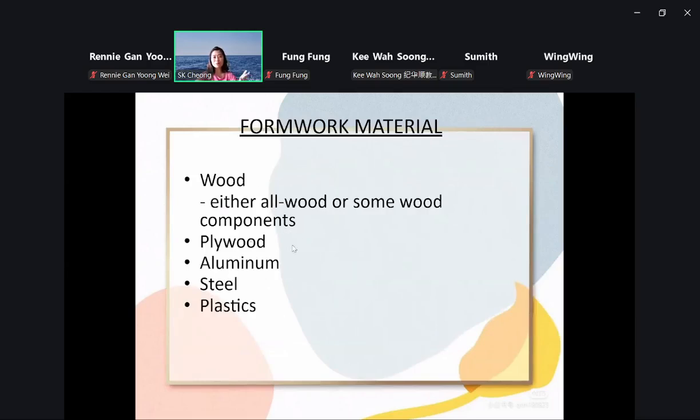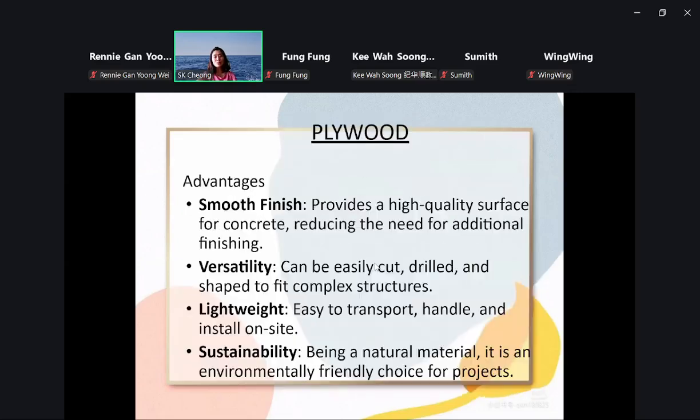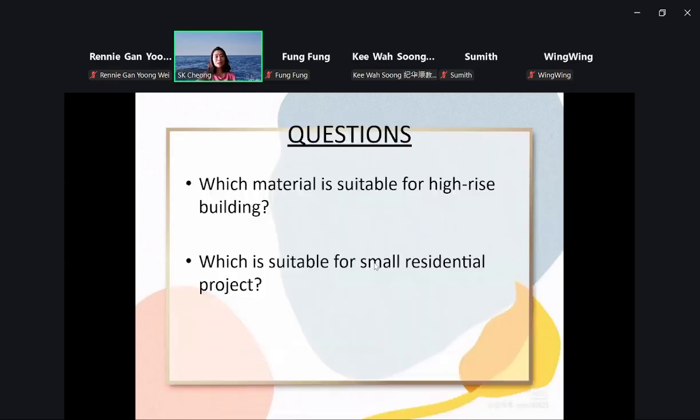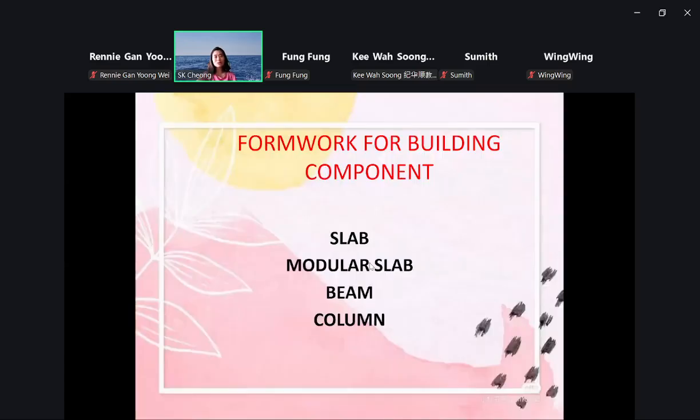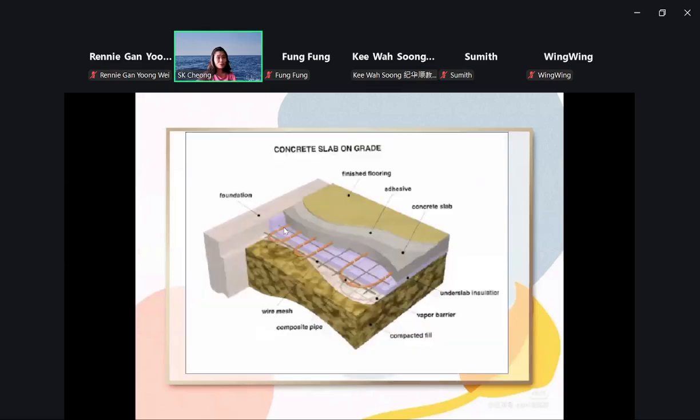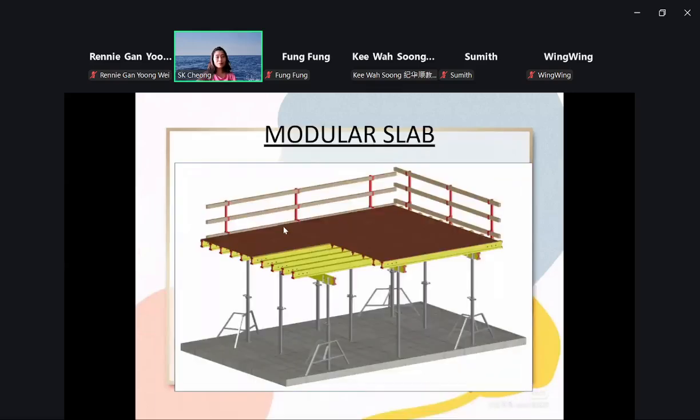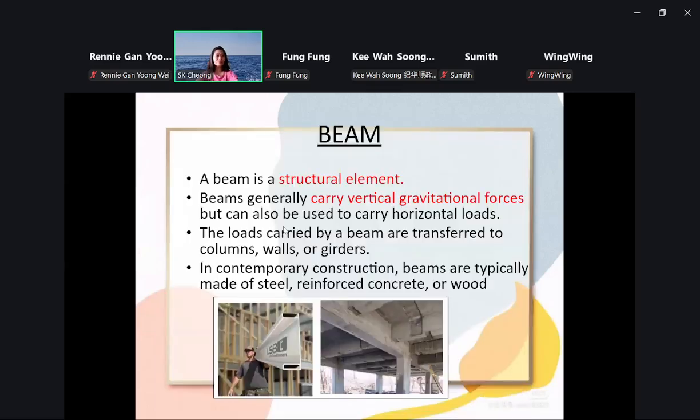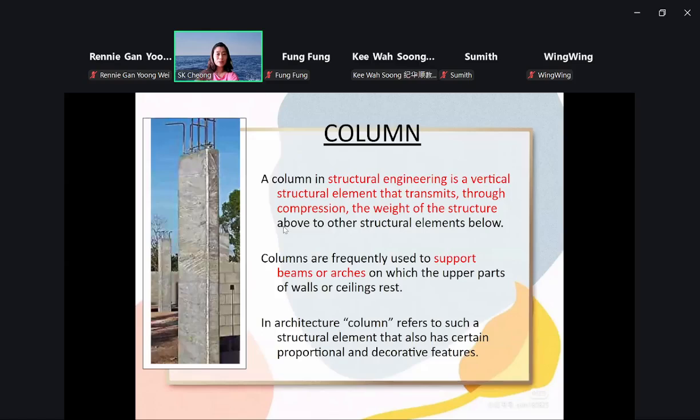This is quite common for other elements too, even floors and walls use the same material. So next, I don't think I have much to ask about. This is just for your understanding.